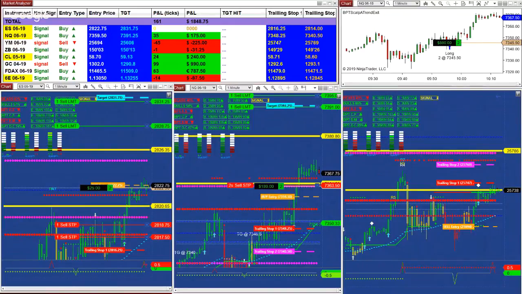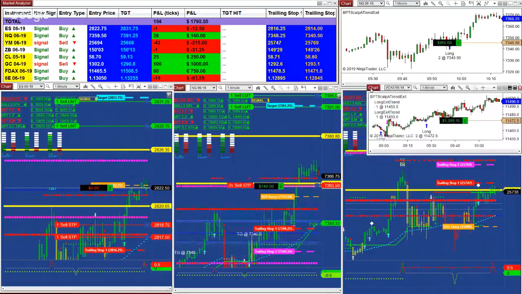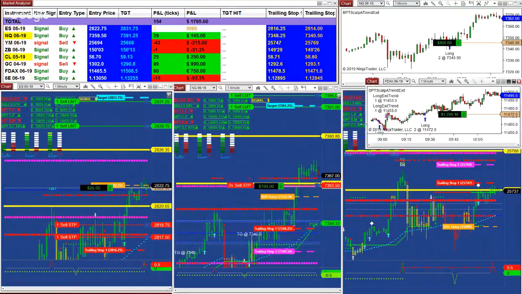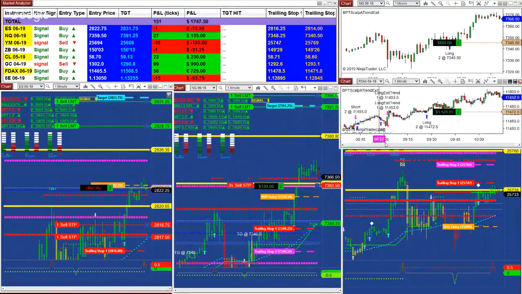This is our Nasdaq swing trading, and I have showed you that before. And now this is our DAX swing trading.